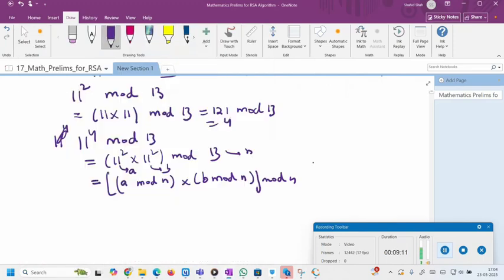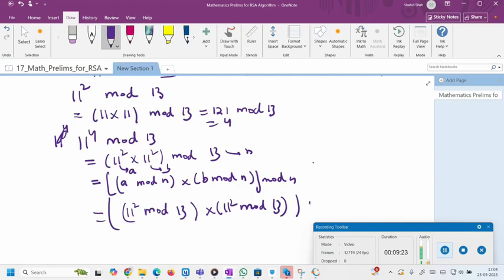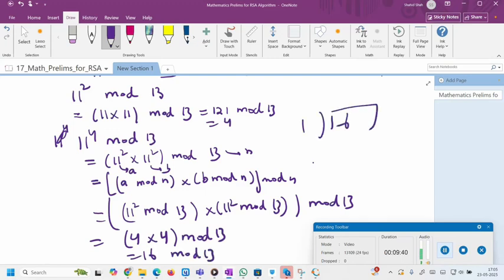So it becomes 11 square mod 13 times 11 square mod 13, whatever we get, mod 13 again. So 11 square mod 13 is 4, so 4 into 4 mod 13, which is 16 mod 13. You can quickly do it: the answer here is 3.